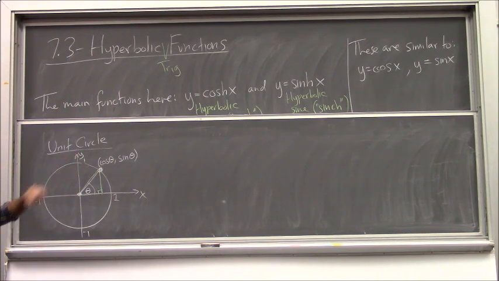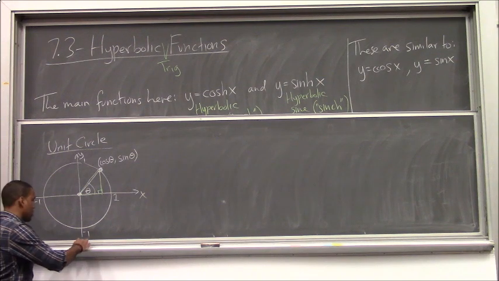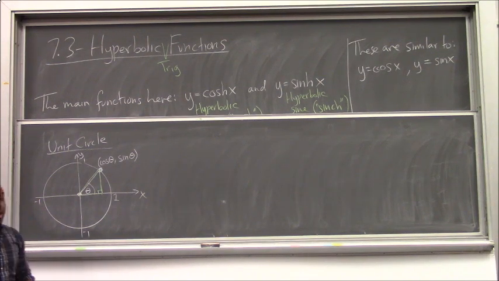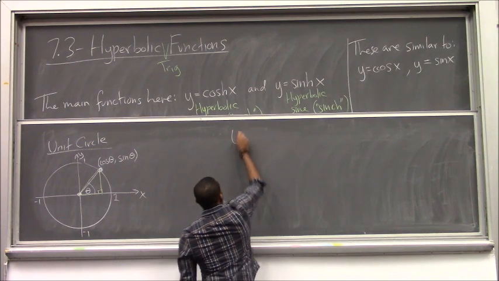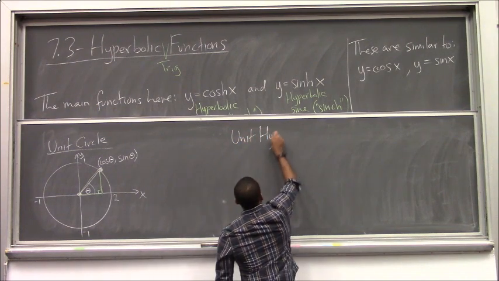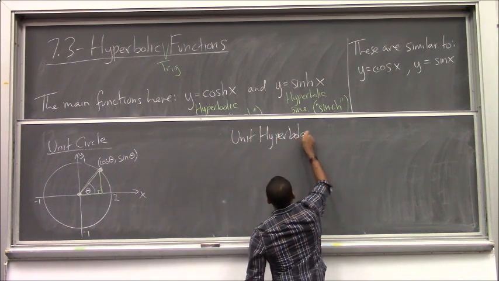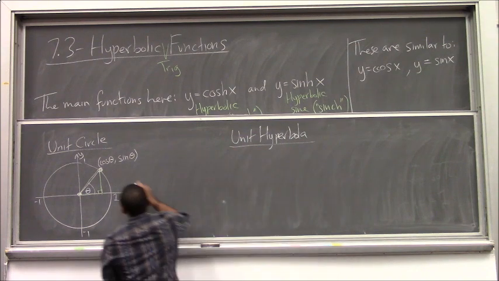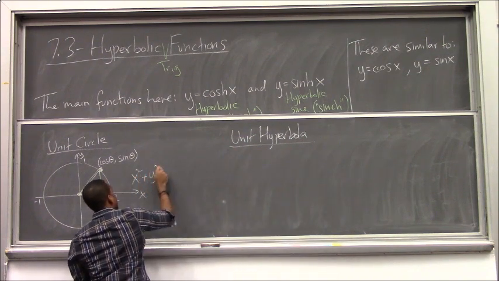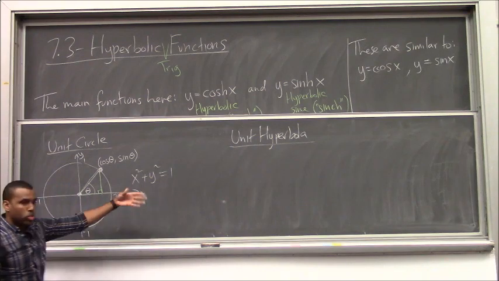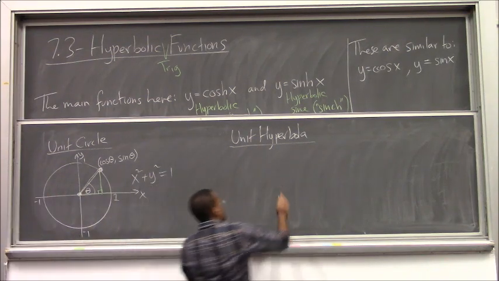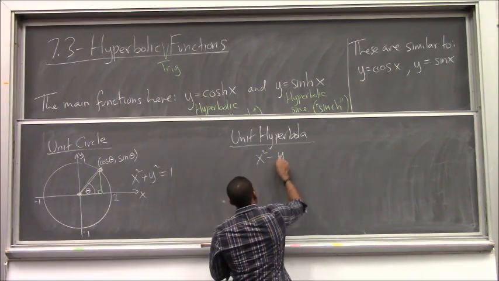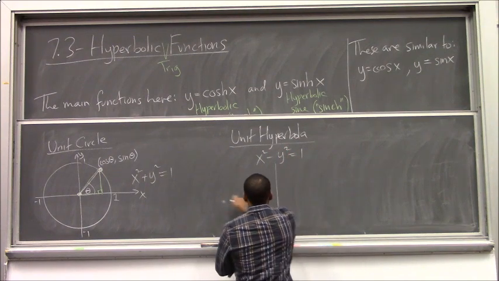The hyperbolic trig functions do something very similar. However, they do it with a hyperbola. So they do it with the unit hyperbola. So the unit circle, this is x squared plus y squared equals 1, which is why cosine squared plus sine squared equals 1. The unit hyperbola, this is x squared minus y squared equals 1.